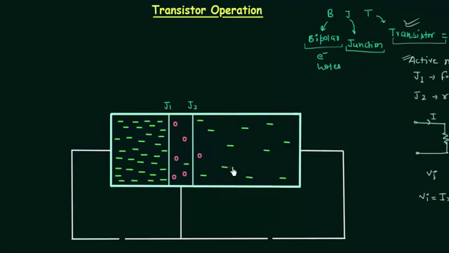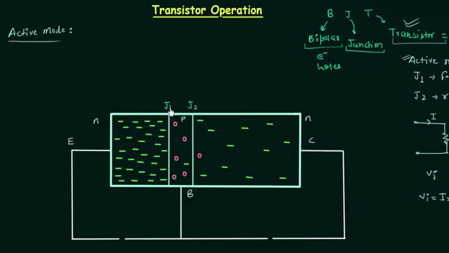This is an NPN transistor. So the emitter region is N, the base region is P, and the collector region is N. This terminal is the emitter terminal, this terminal is the base terminal, and this terminal here is the collector terminal. We want to operate this transistor in active mode, and we already know in active mode junction J1 is forward biased.